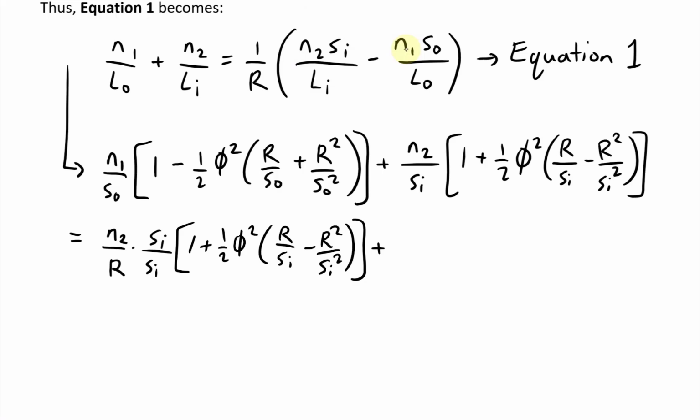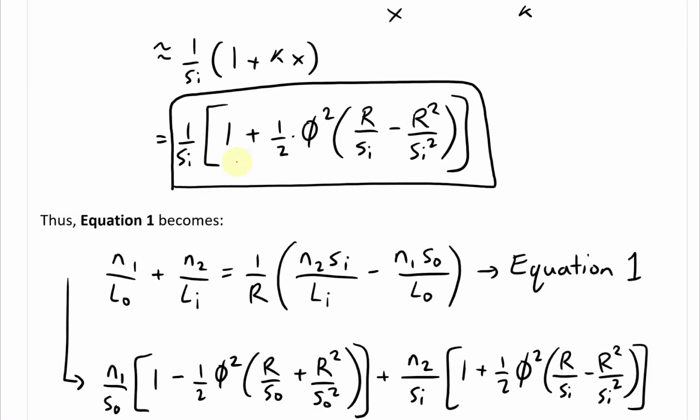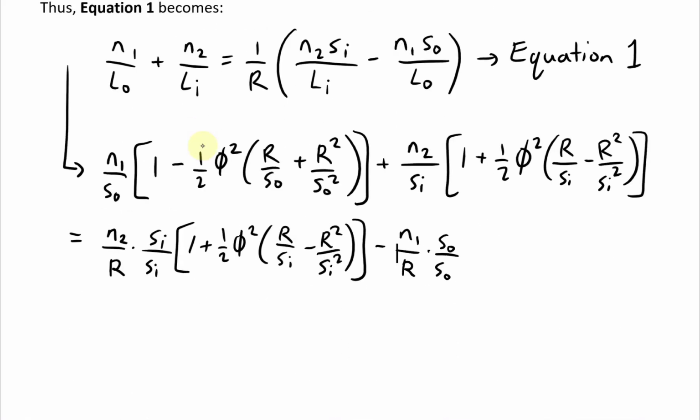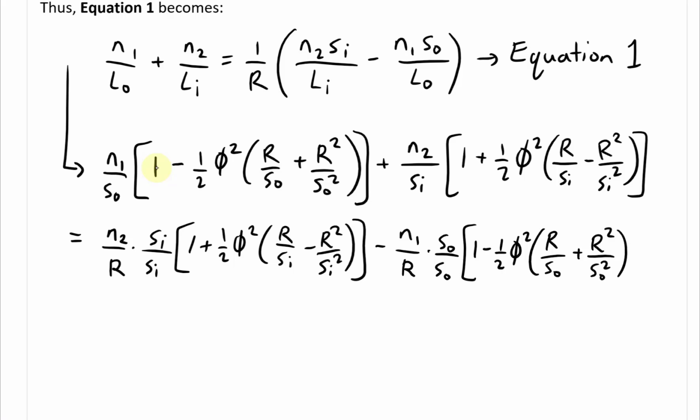So this is going to be minus N1 over R times S naught over L naught, which is our L naught with that S naught at the bottom there, so it's going to be S naught there. S naught bracket, now 1/2 phi squared R over S naught plus R squared over S naught squared bracket, close bracket.